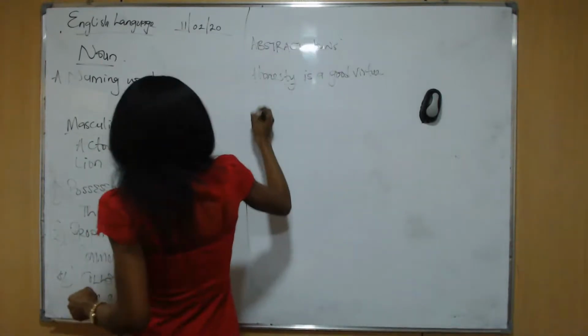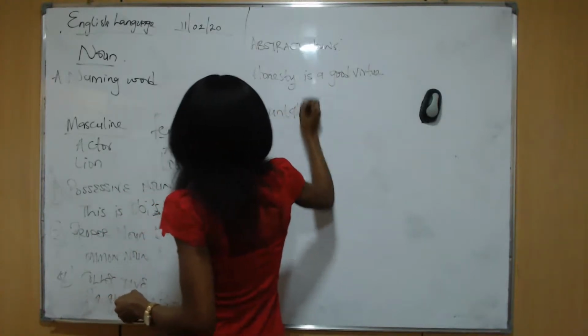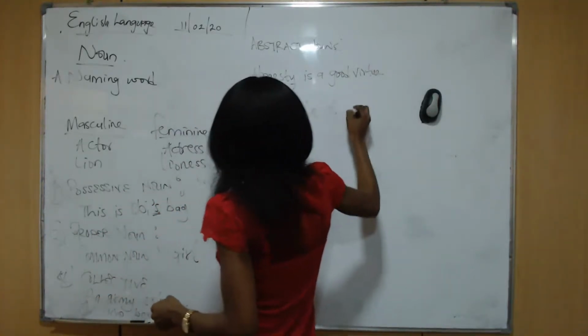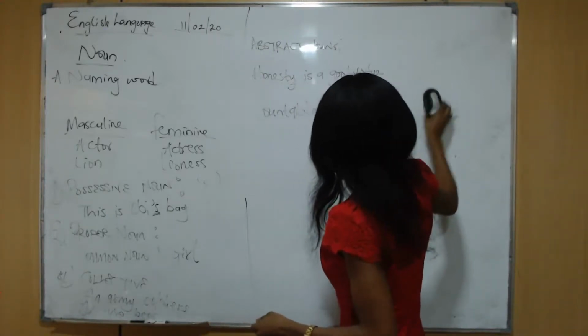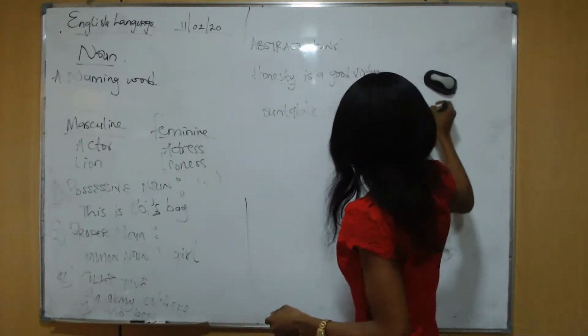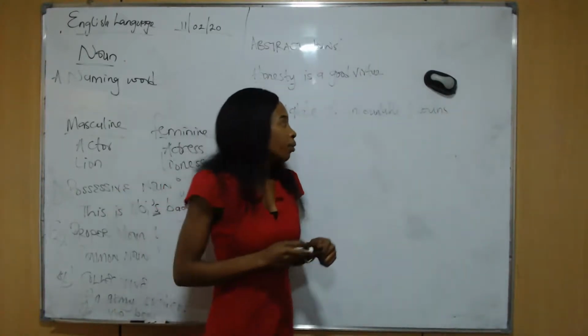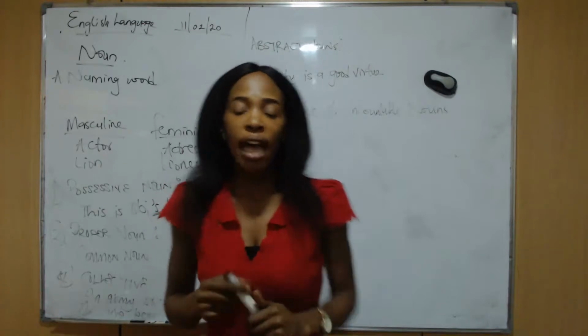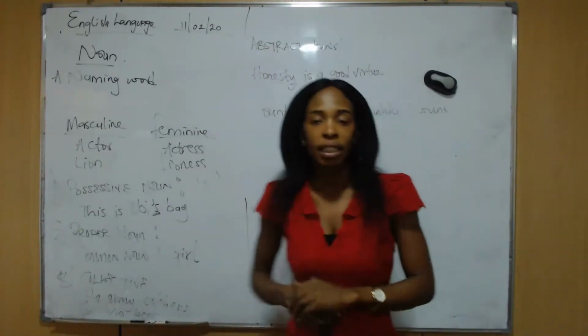Next, we have what we call countable and uncountable nouns. Countable nouns are nouns that can be counted.